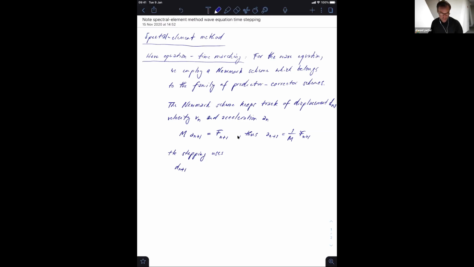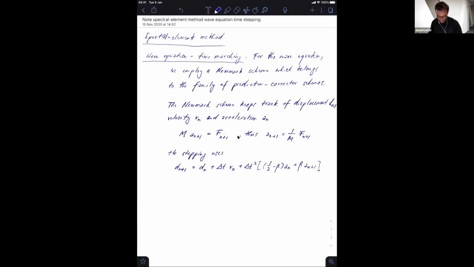So we have the displacement update, which uses the previous displacement plus the time step size times the velocity plus this time step size squared of 1/2 minus beta times the acceleration at time n plus beta times the acceleration at time n plus 1.